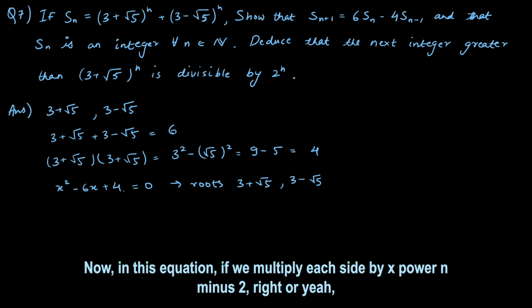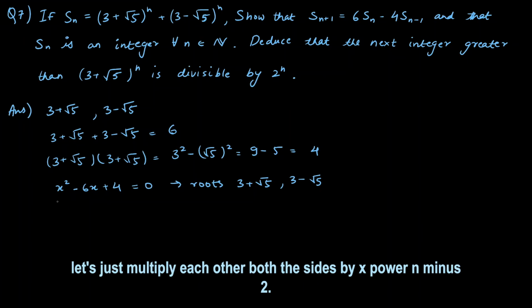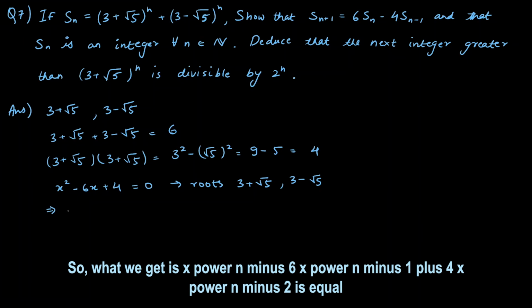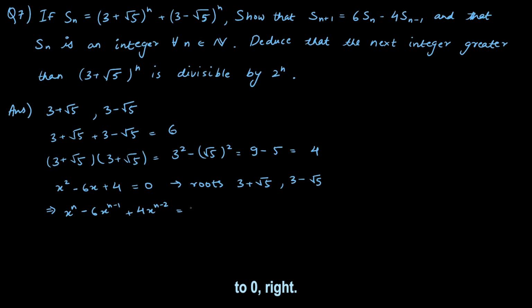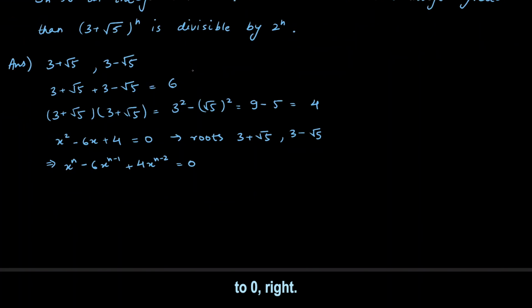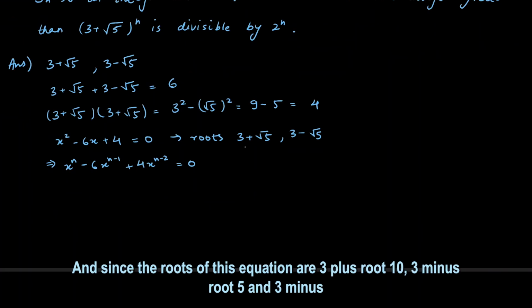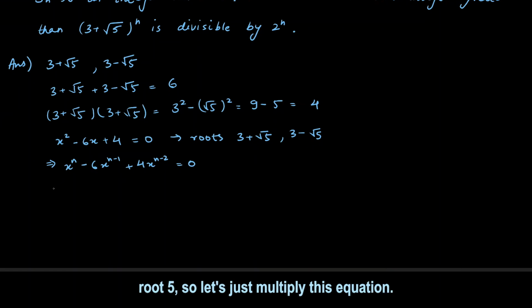Now in this equation, let's multiply both the sides by x^(n−2). So what we get is x^n − 6x^(n−1) + 4x^(n−2) = 0. And since the roots of this equation are 3 + √5 and 3 − √5, both satisfy this equation.